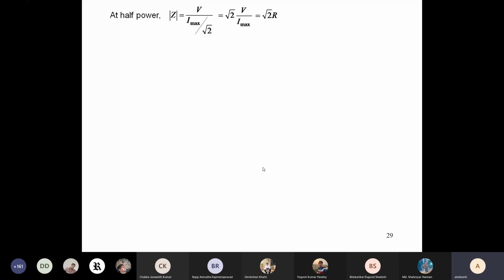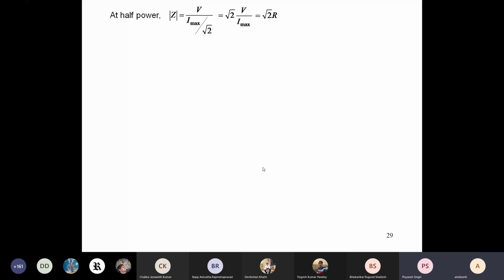So root 2 R means what? What is the expression of impedance? It is root of R square plus (omega L minus 1 by omega C) whole square. So when will it become root 2 R?